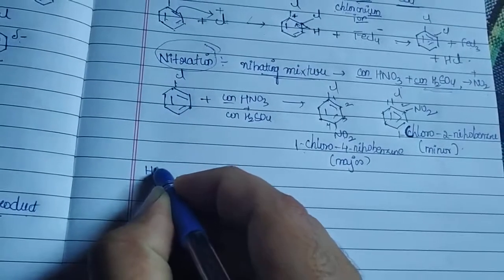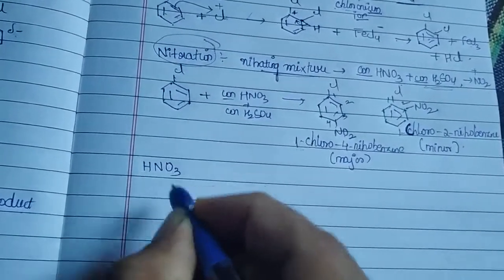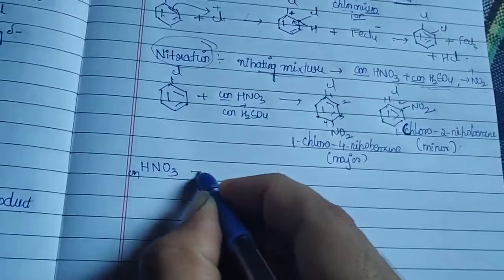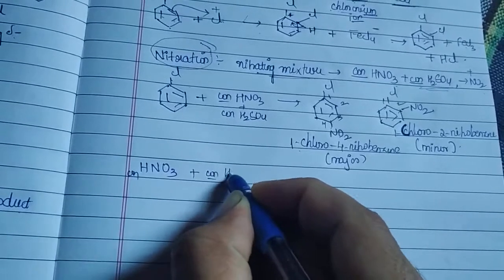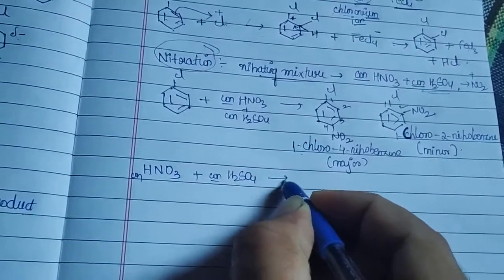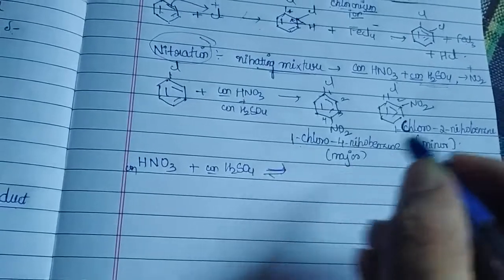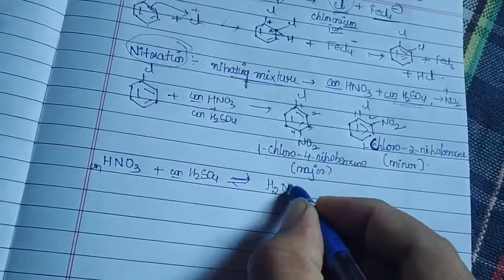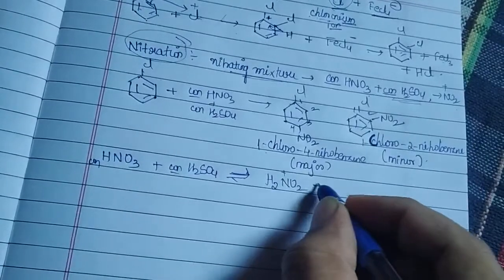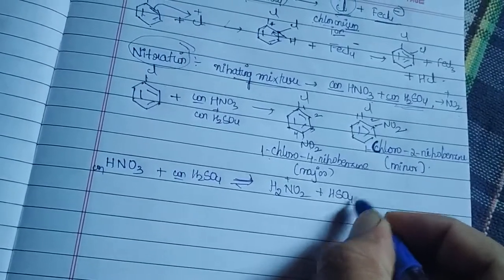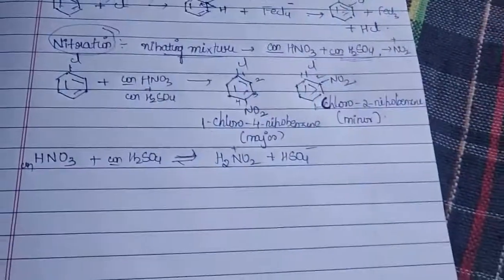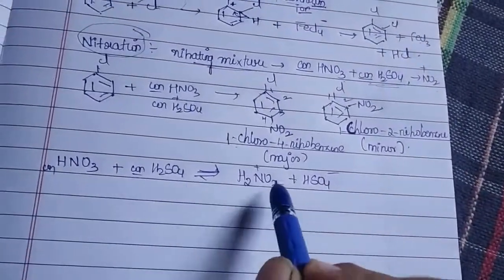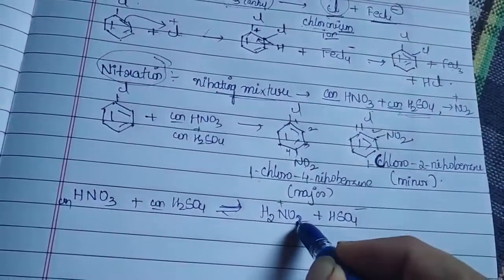So when I'm taking concentrated nitric acid plus concentrated sulfuric acid, see the reaction. So what are you going to get? H2NO3+ and HSO4-.